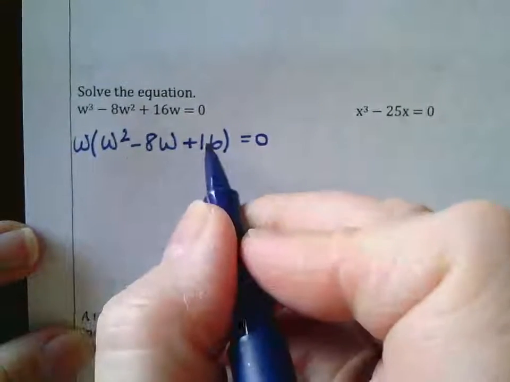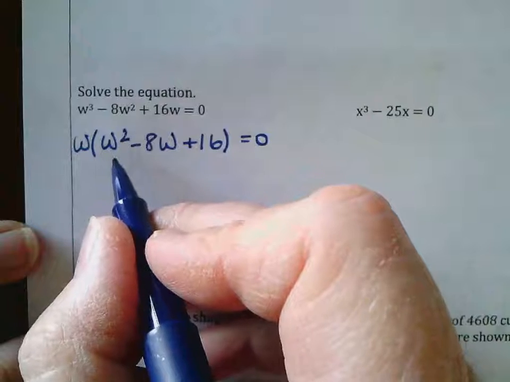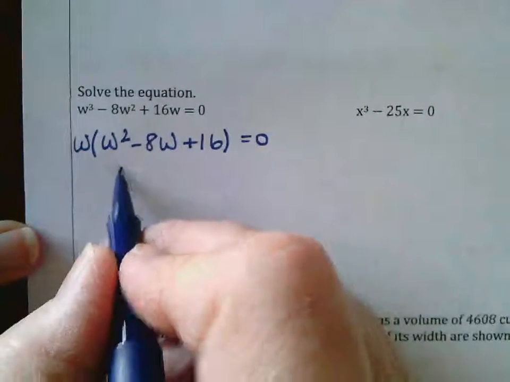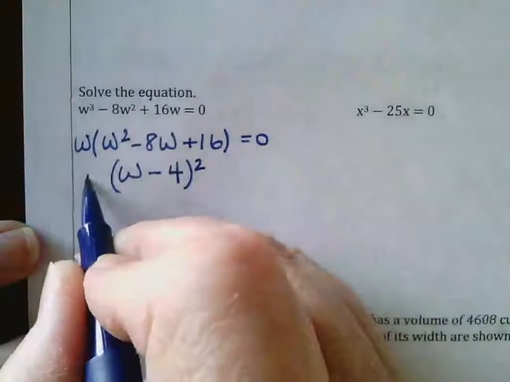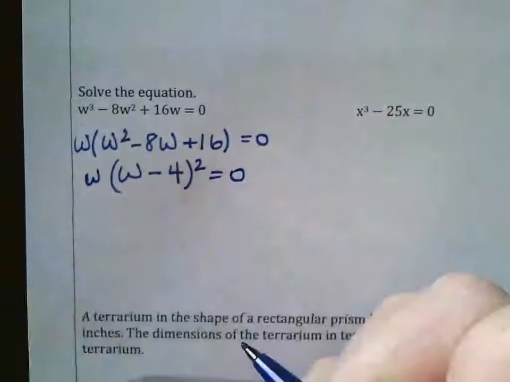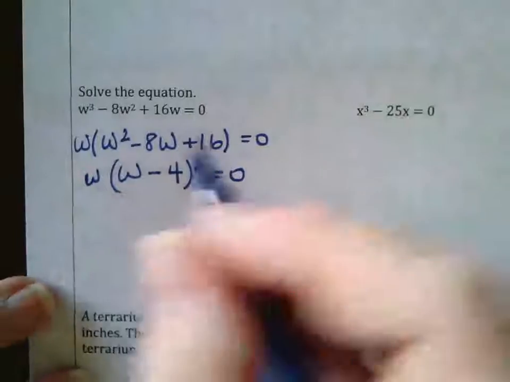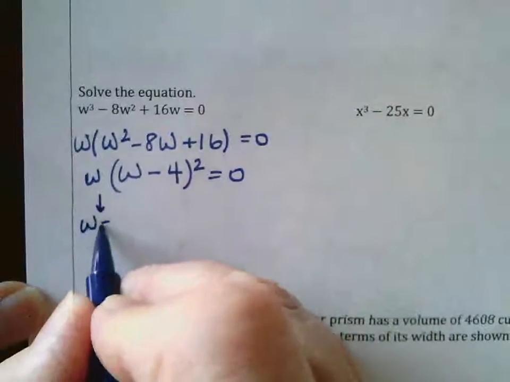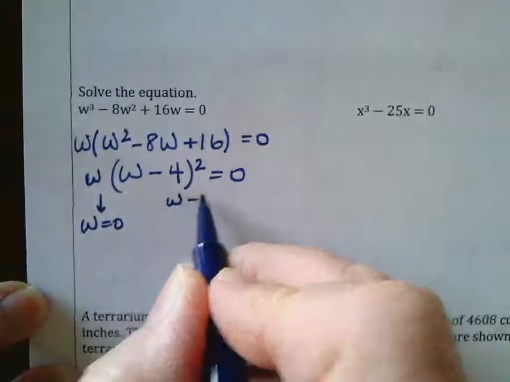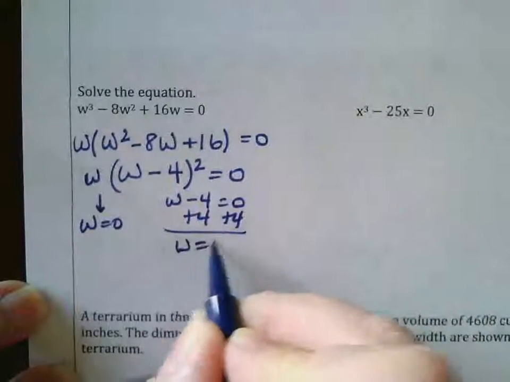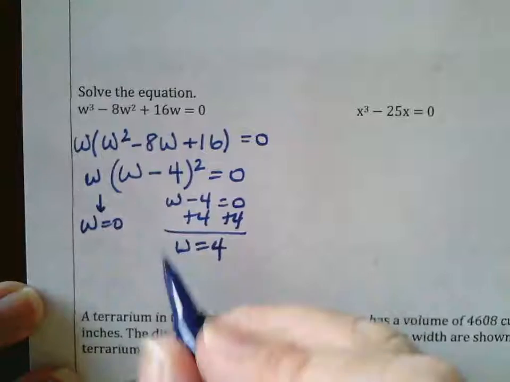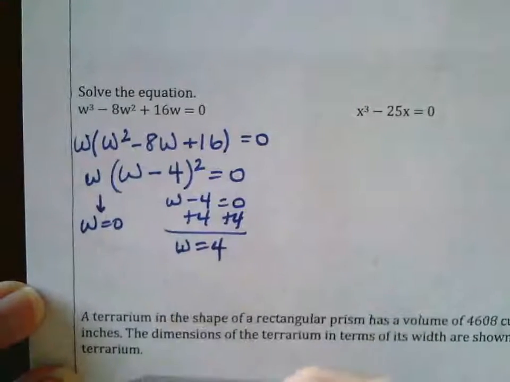You can, because it's a perfect square trinomial, which is w minus 4 squared equals 0. And then you can solve it. w equals 0 or w minus 4 equals 0, so w equals 4. And those are your two results.